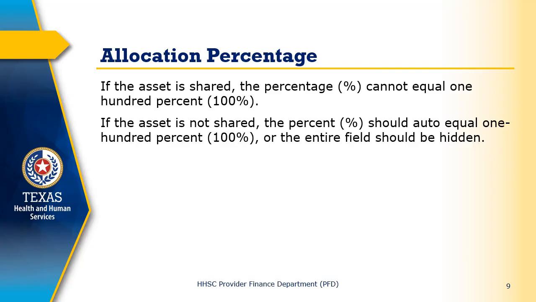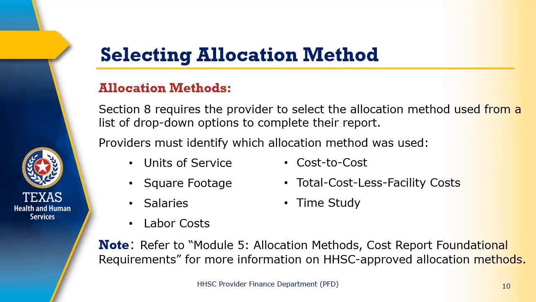Conversely, if an asset is owned solely by an individual, the allocated percentage should automatically default to 100% to reflect complete ownership. To maintain clarity in our allocation system, we will implement a feature that hides the percentage field entirely when an asset is non-shared.